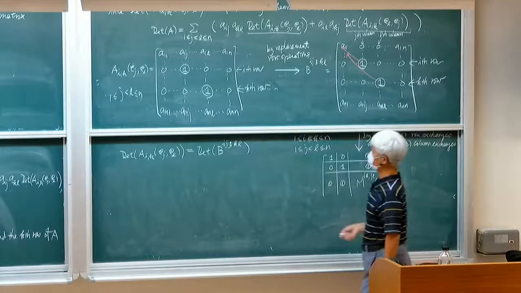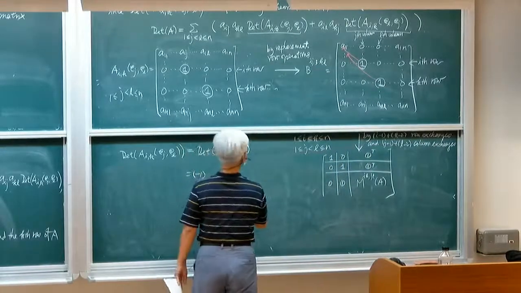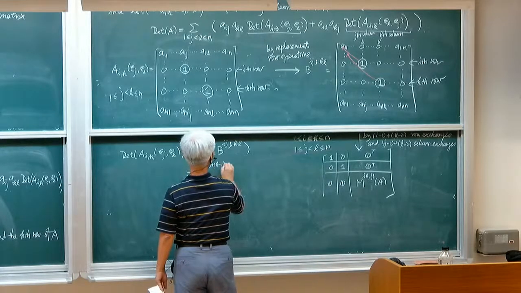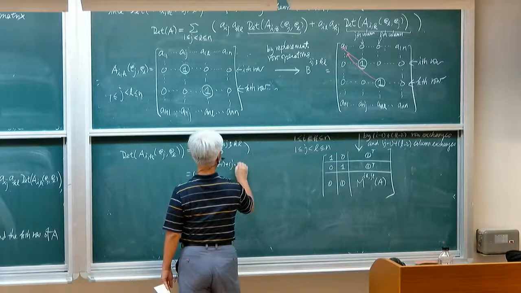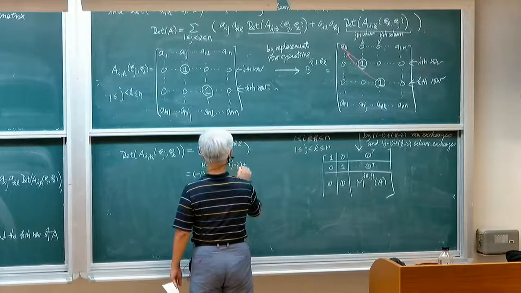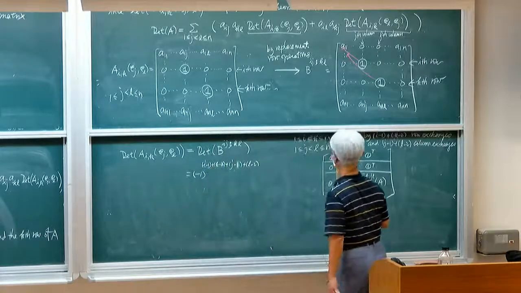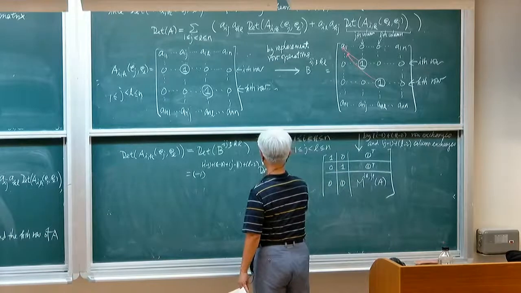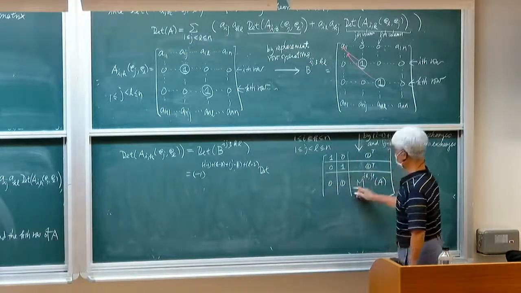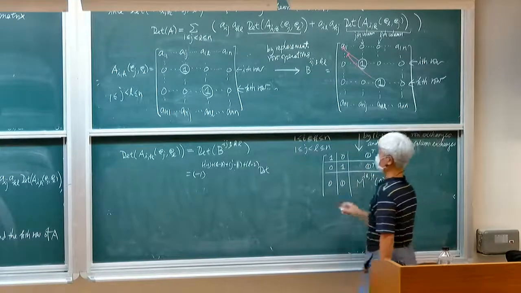So the sign we need to change is minus 1 to the power i minus 1 plus k minus 2 plus j minus 1 plus l minus 2. All right, and the determinant. So again, the determinant of this matrix is the same as the determinant of this matrix and the same as the determinant of this matrix. Right?